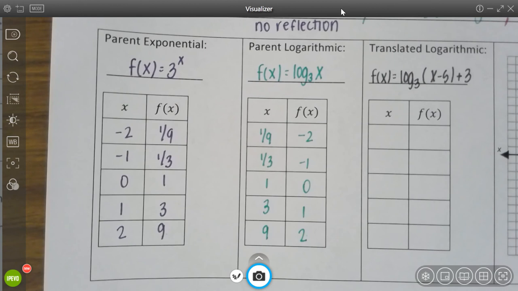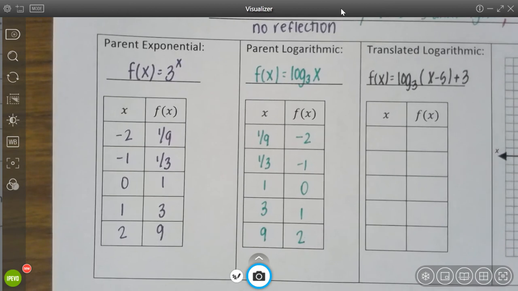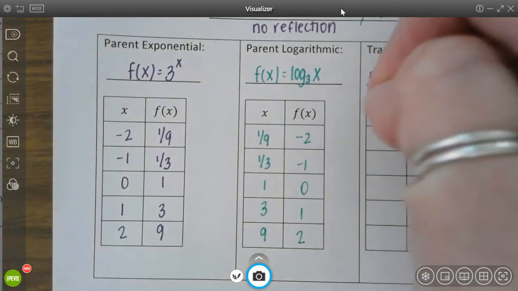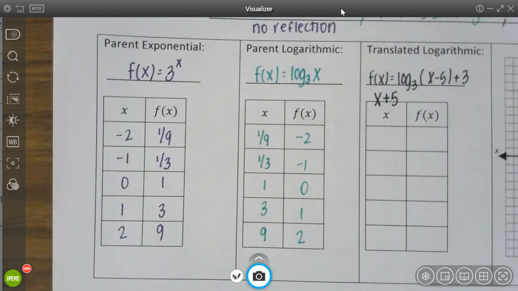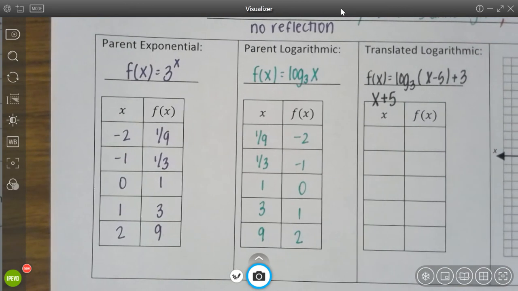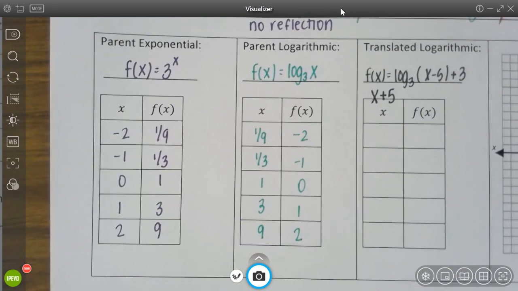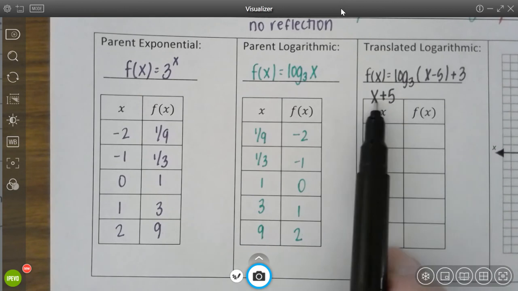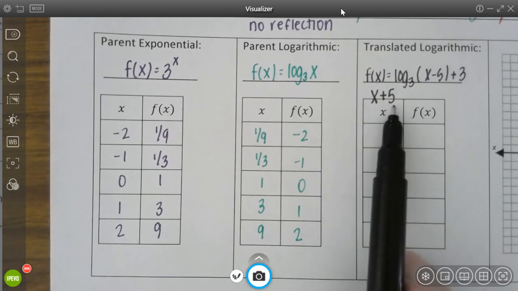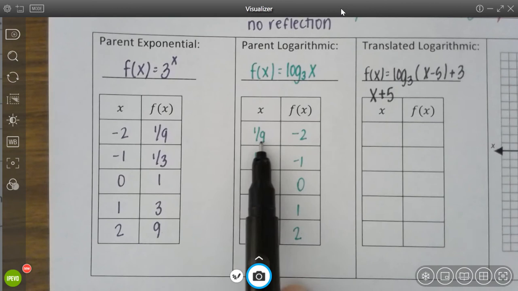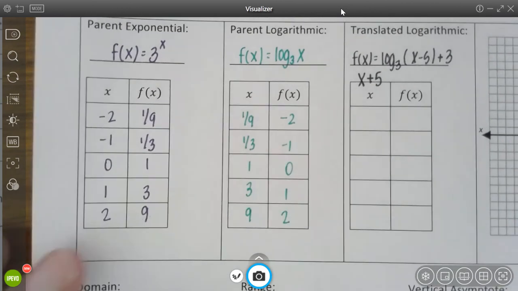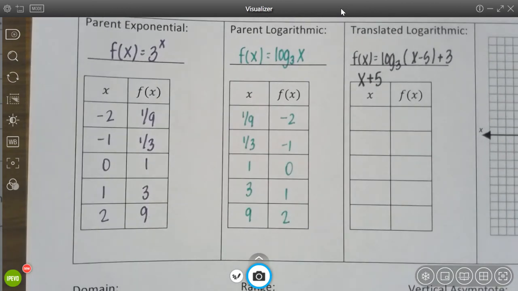And this is where I'm going to make the x values move and the y values move. So in this case, since our h value is 5, I want to take my x column and add 5 to all of those values. And the nice thing about this is when you have an addition to your x values and you have fractions, because we want to graph them, it's a nice, easy way to determine what those values are going to be.